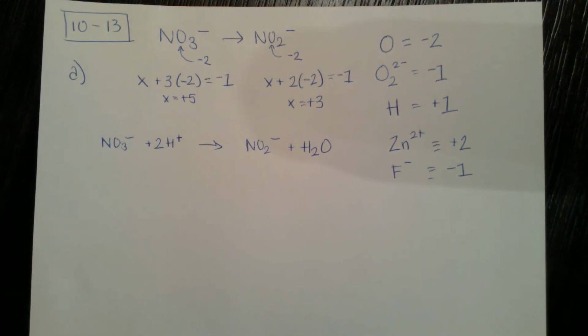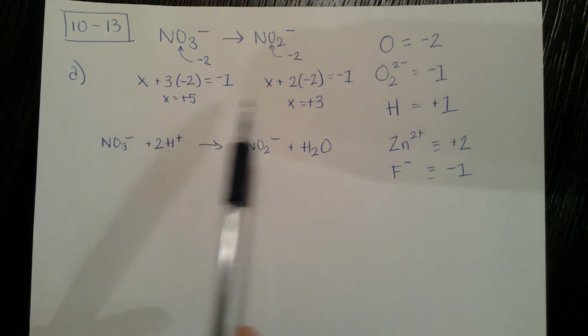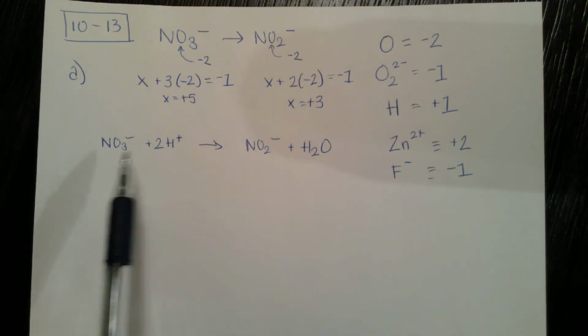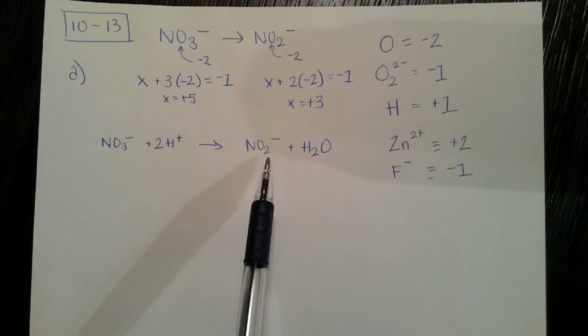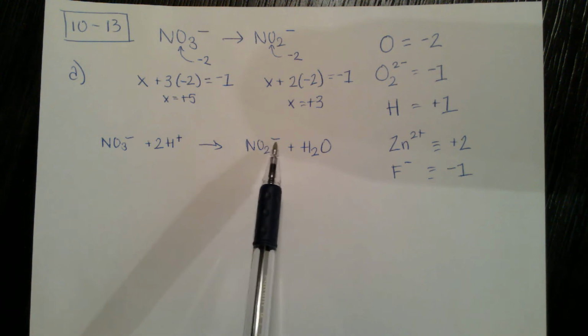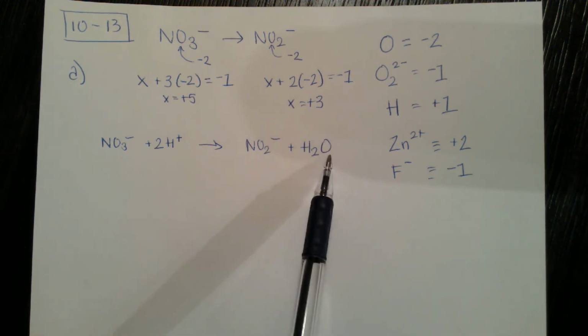Now we have to balance our charge. You can get this one of 2 ways. We do have a reduction process going on, and it's a 2 electron reduction process, so we can just put our 2 electrons here, or you can do it by balancing the charge. We have a -1 charge total on this side, and this one's neutral. So all over here we have -1.